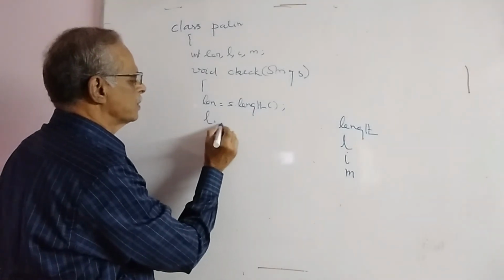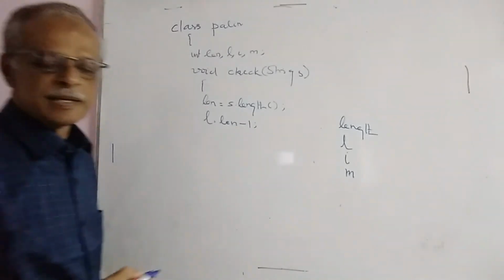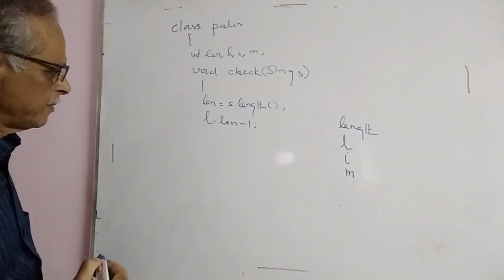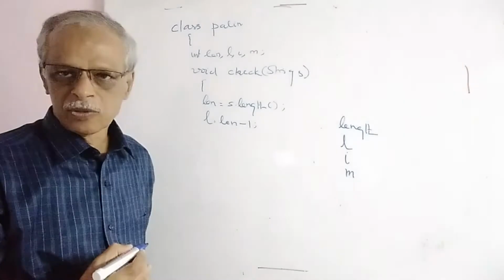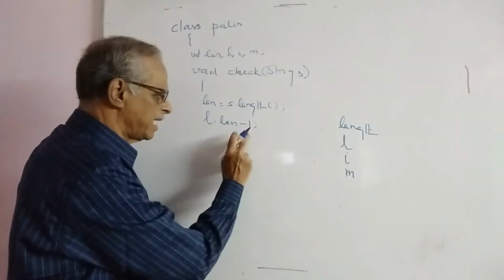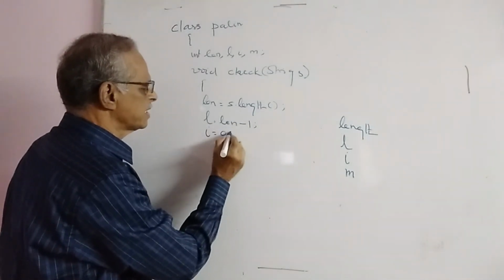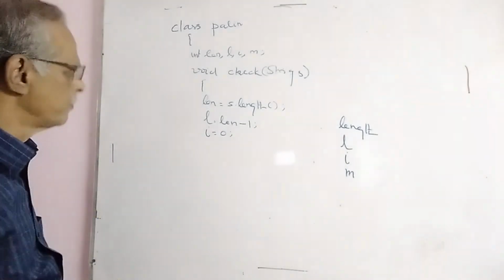Last index equals len minus 1, since the index of the first character is 0. Index starts from 0, that's why last index equals length minus 1. Index of the first character equals 0.